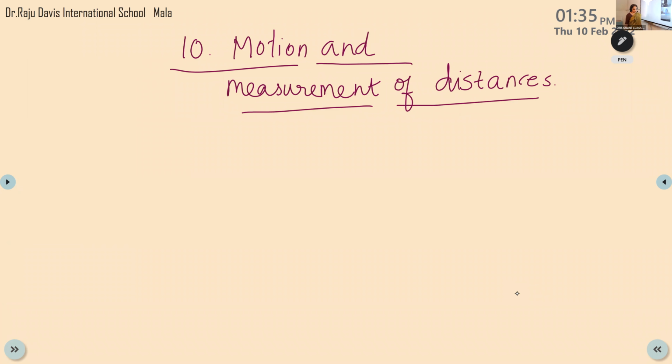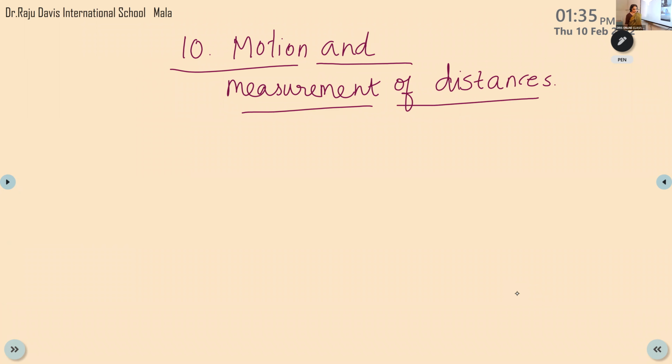Motion. So what do you mean by the word motion? Think about it.